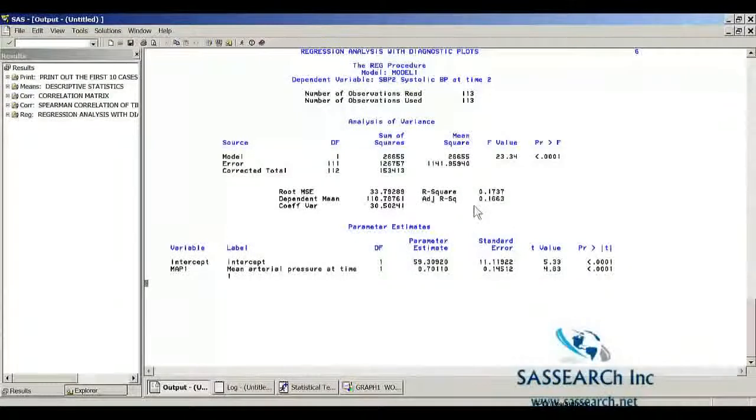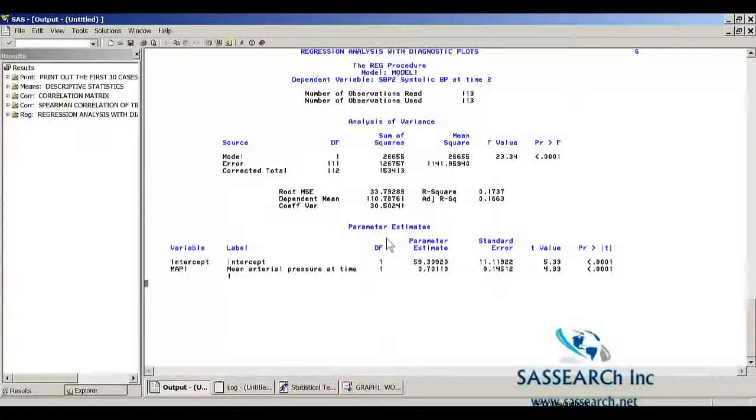And actually, the adjusted R-square value will reach a maximum and then decline as additional non-statistically significant variables are entered into the model. But again, we're not focusing on multiple linear regression in this class, but I wanted to point out what the adjusted R-square was and where it is in the output.